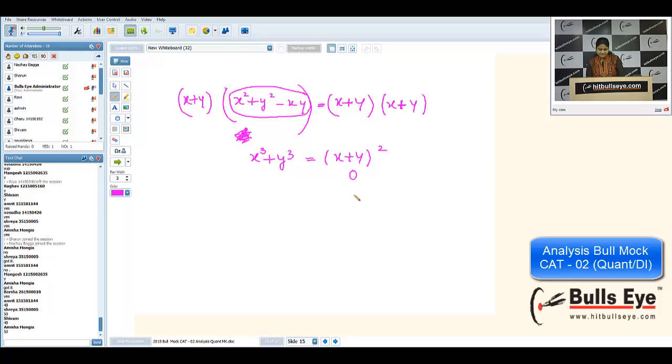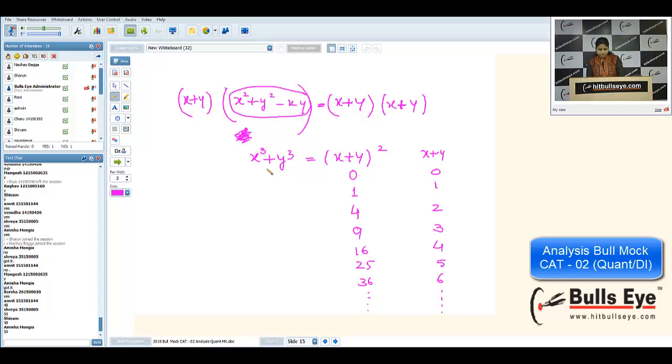Now x plus y can take values 0, 1, 2, 3, 4, 5, 6 and so on, so its square takes 0, 1, 4, 9, 16, 25, 36, because we are talking about a square.